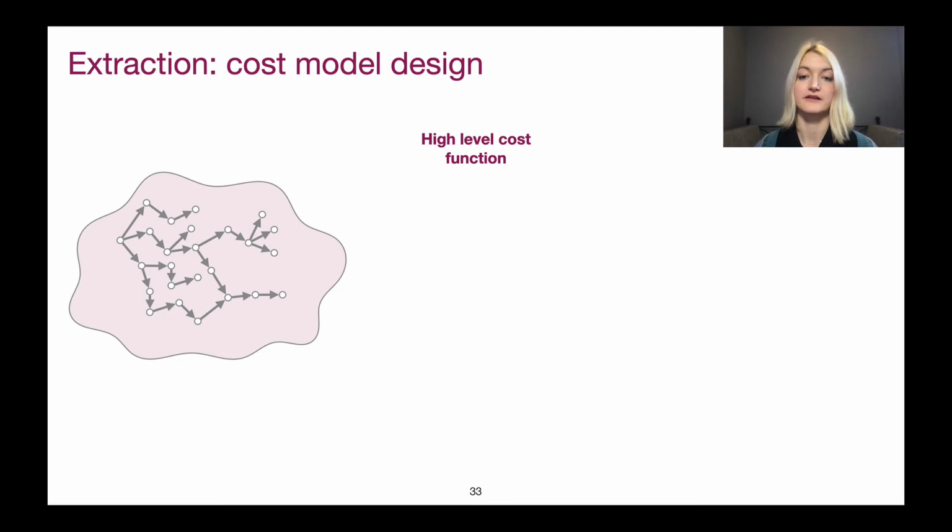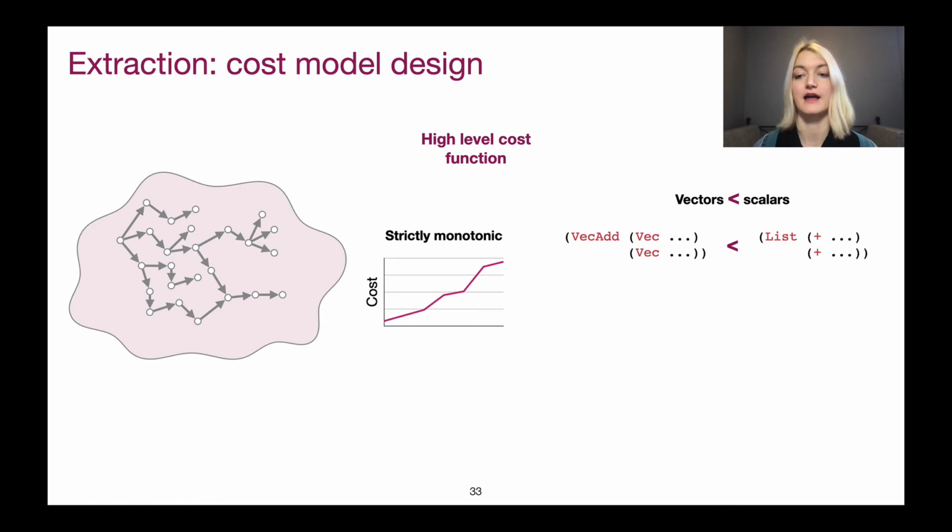The goal of our cost model is to be really high level and not bake in as many specifics about the target architecture. The constraint it has is that it should be strictly monotonic. This just means that the cost of each program should be strictly greater than the cost of its subterms, which allows a more efficient search through the candidate programs. And our cost model is really captured by two ideas.